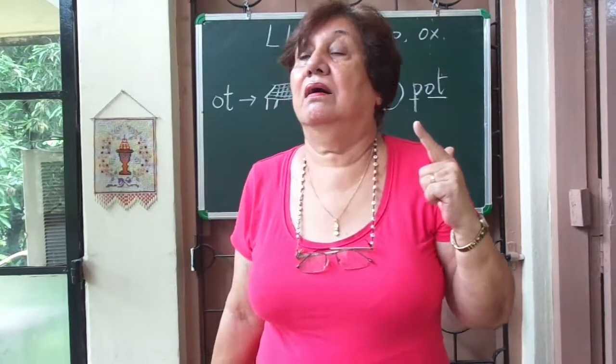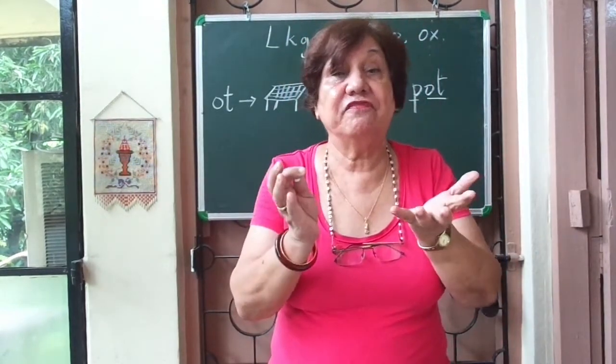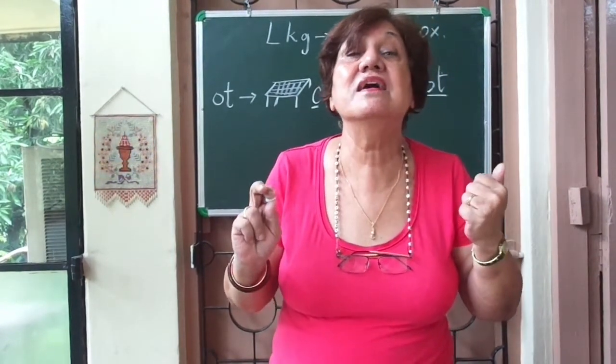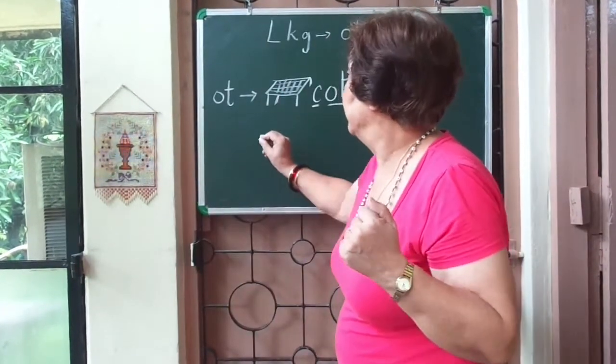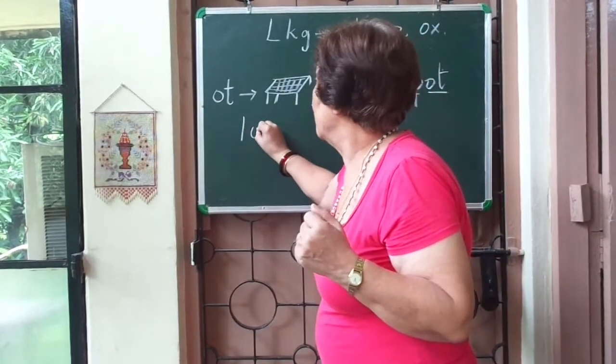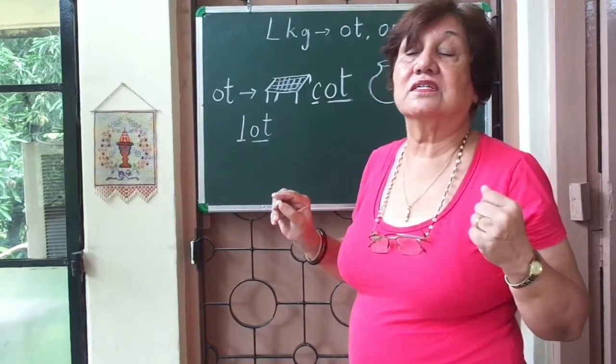Now, when mummy gives you a number of toffees, you say, I have lots of toffees. L. Who says L? L says L. And ot is O-T, ot. L, ot. Lot.